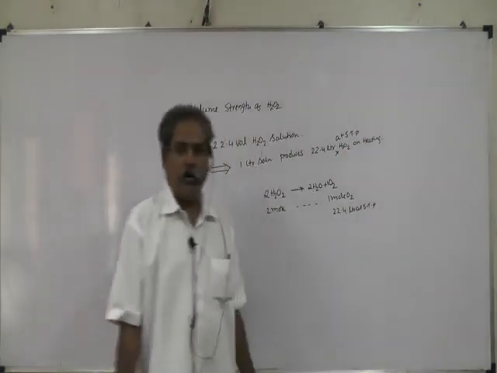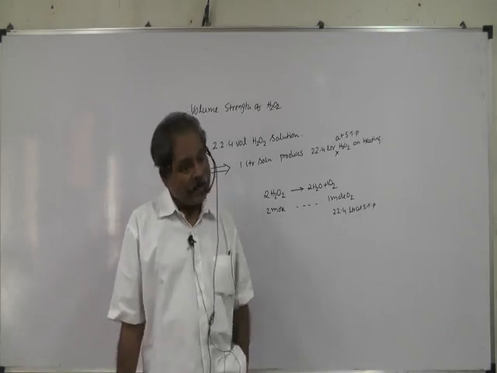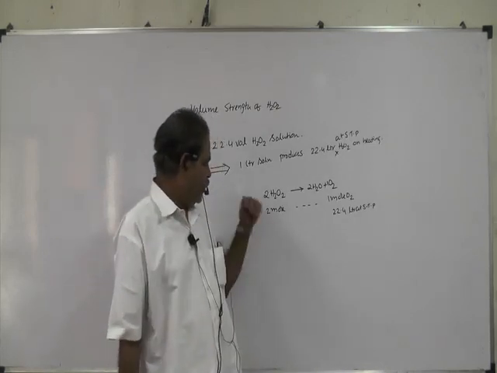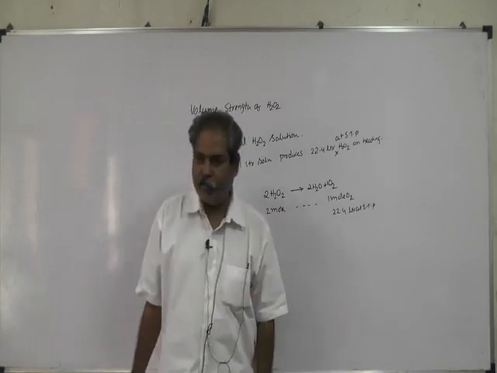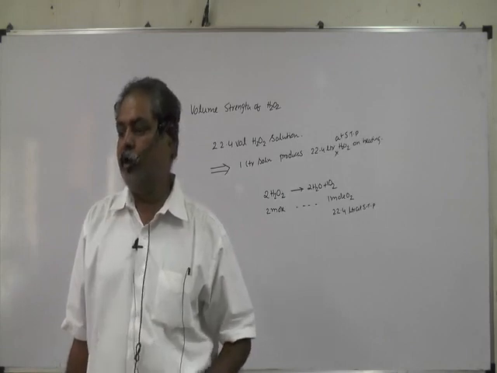So, to get 1 mole oxygen, you need to have 2 mole in 1 liter. If only you have 2 moles in 1 liter, you get the desired 22.4 liters from 1 liter.